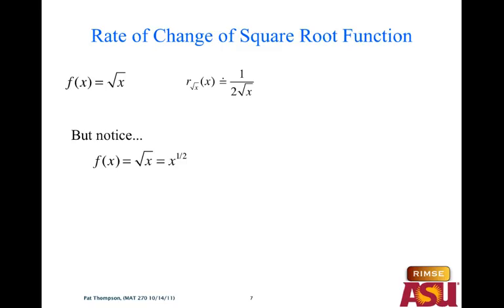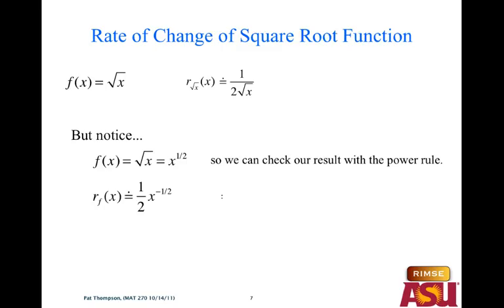Right. So we can do the power rule, which would be 1/2 x to the, and then we subtract 1 from the exponent. So it'd be 1/2 x to the minus 1/2. So it's still the rate of change function, so these two things should be the same, right? What we derived with the trusted form and what we just applied with the power rule, they ought to agree because it's going to be the same rate of change function if we started with the same function.